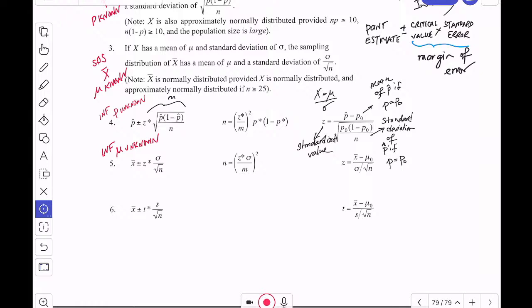And we're going to do confidence intervals, sample size estimation, and hypothesis testing for the mean. And then what's going to happen is I'm also going to take away the parameter sigma.